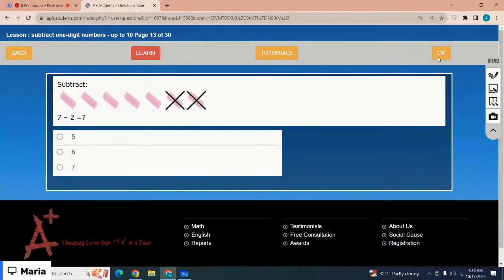Okay, the next one is 7 take away 2. Which is the correct option? Yes, the correct option is 5. Very good. So 7 take away 2 is 5. The correct option is 5.